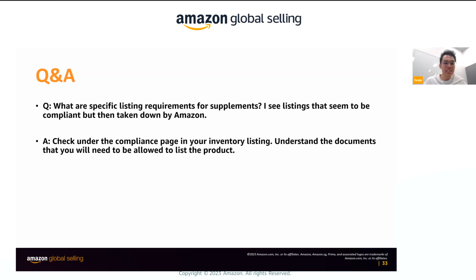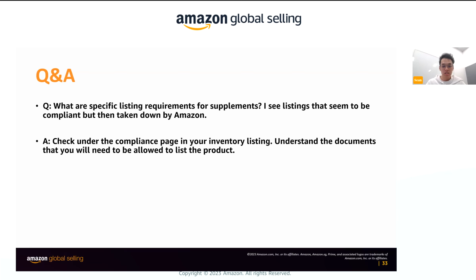So what are the specific requirements for listing supplements? I see a listing that seems to be compliant but then was taken down by Amazon. One thing I recommend is to always check the compliance page in your inventory listing, so you understand the documents you will need to be allowed to list the products. Compliance is an ever-changing category.